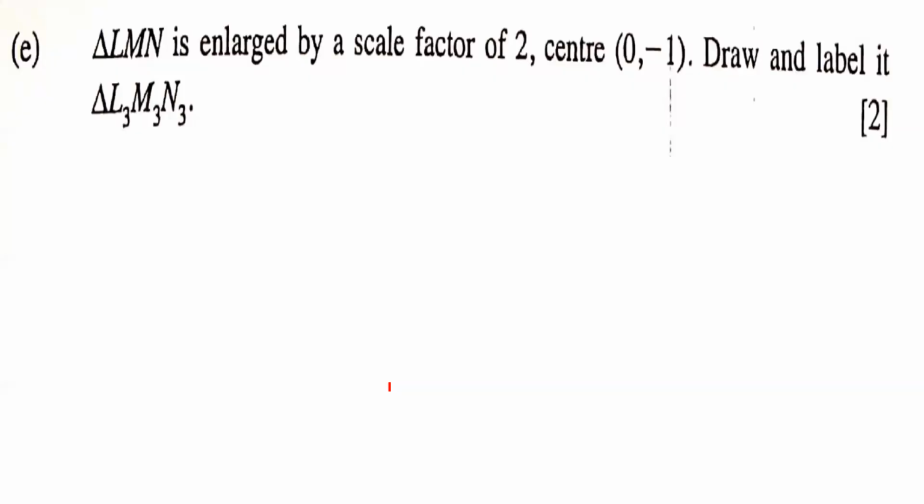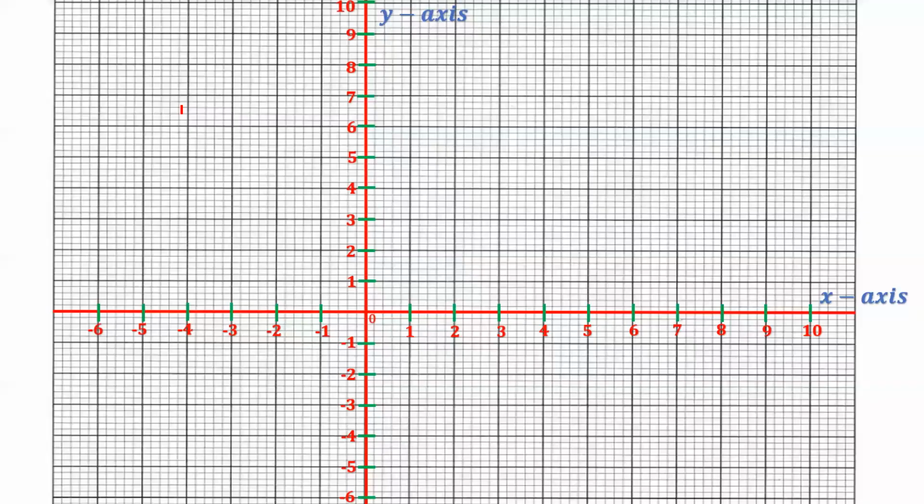It says triangle LMN is enlarged by scale factor of 2, and the center of our enlargement is 0, -1. So we have to draw and label it triangle L3, M3, and N3. So for this one, what we have to do is first identify 0, -1.